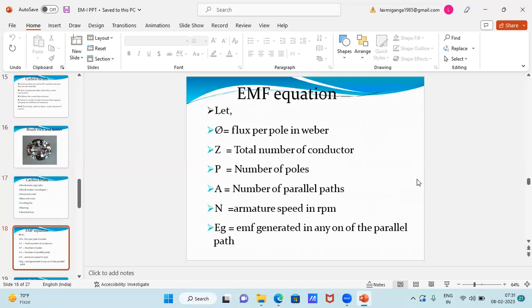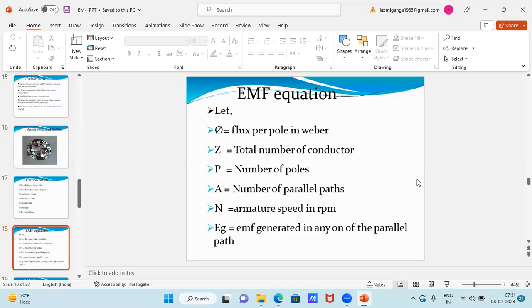Now we will go to the EMF equation of a DC generator. In the EMF equation of a DC generator, there are some important terms. Let phi be the flux per pole in Weber. Z is the total number of armature conductors.